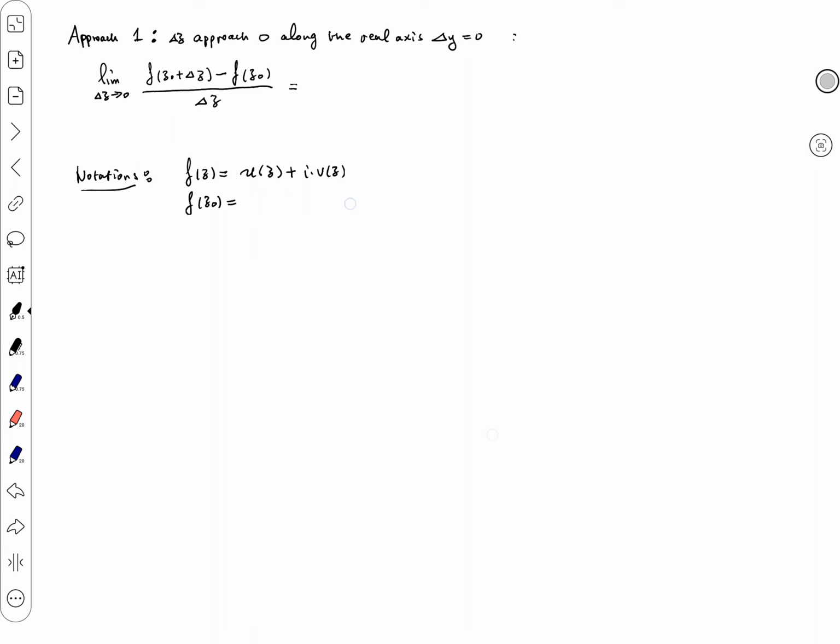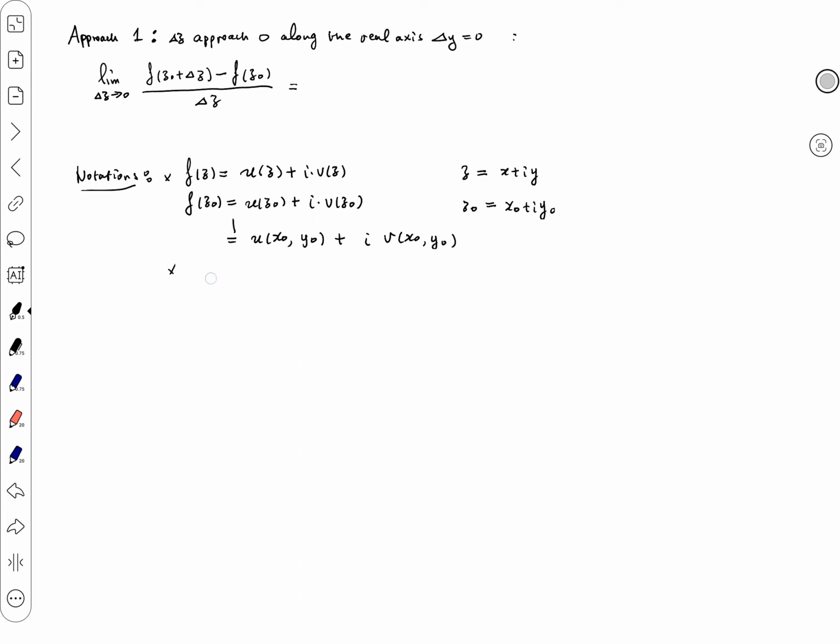But because we want to track the change of the real part and imaginary part, let's write it as u(x naught, y naught) plus i v(x naught, y naught). So we are writing z equals x plus i y, and here z naught is x naught plus i y naught.